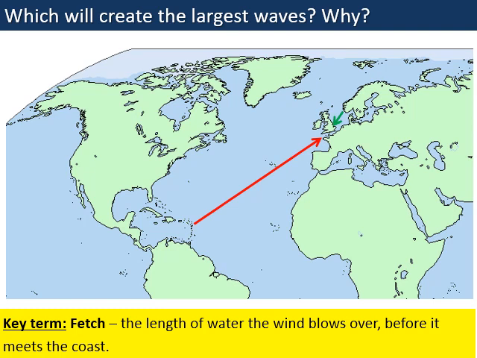Whereas on our east coast of Britain, the fetch is much smaller, as can be seen by the green arrow. Wind blowing from Scandinavia is not going to be able to create such big waves because it simply won't have blown such a long distance. So the key term here, which we need to make a note of, is the fetch is the length of water that wind blows over before it meets the coast.